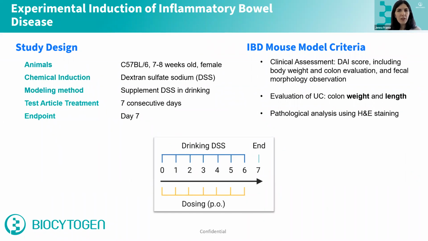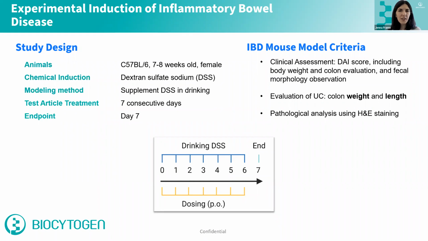In this model, acute ulcerative colitis is induced by dissolving the DSS in the drinking water, which destroys the intestinal epithelium in the mice and results in cytokine release and inflammation to recapitulate the disease. Animal models of IBD exhibit clinical symptoms and pathological features similar to those present in human ulcerative colitis.